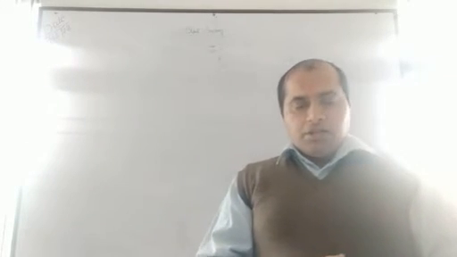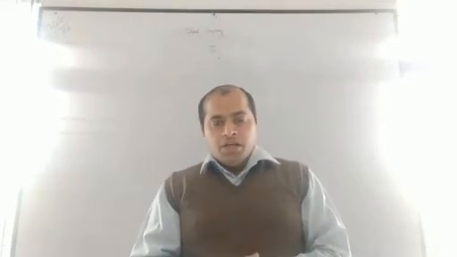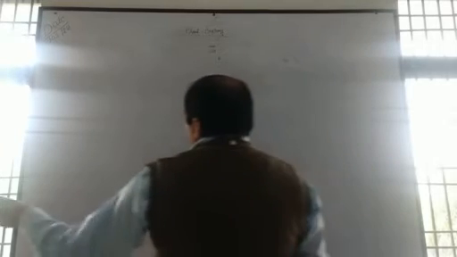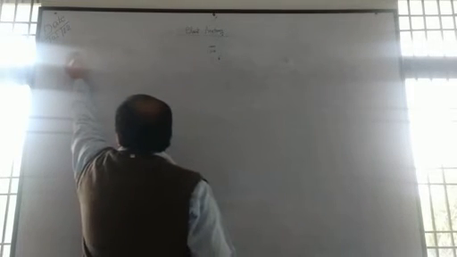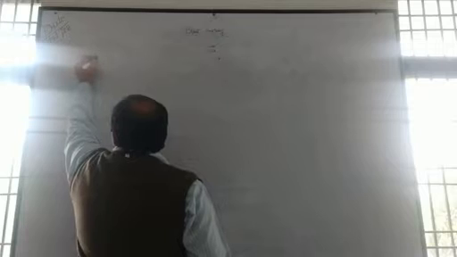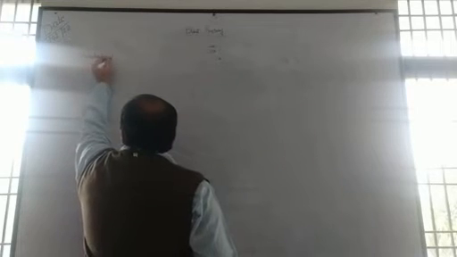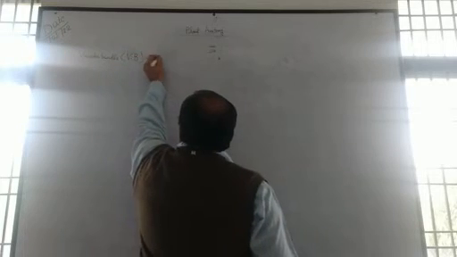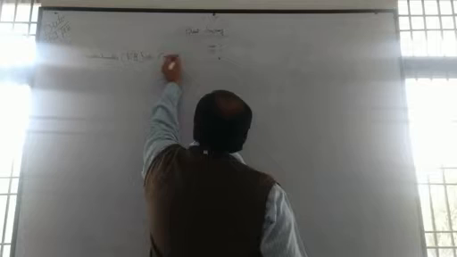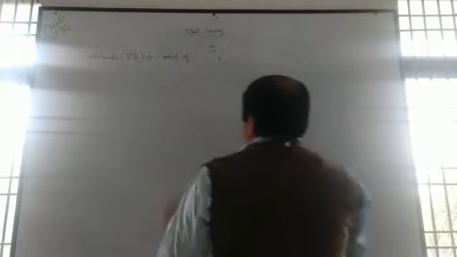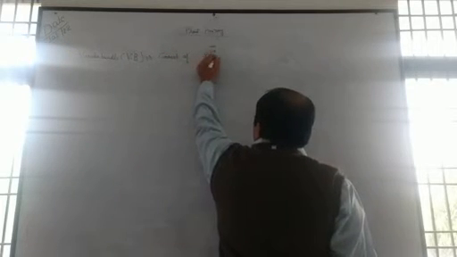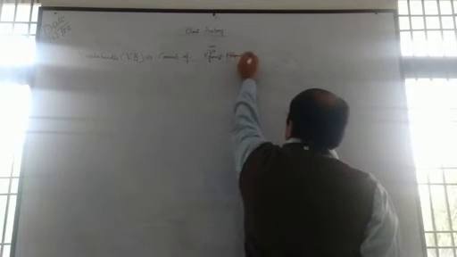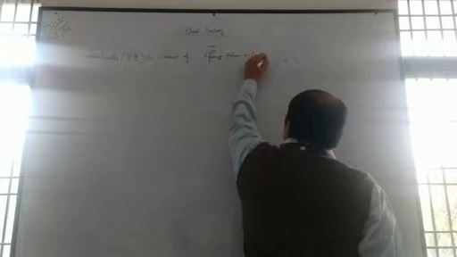So let us discuss the types of vascular bundles one by one. I have already discussed that a vascular bundle consists of xylem, phloem, plus cambium.